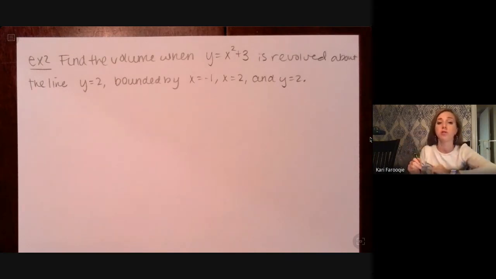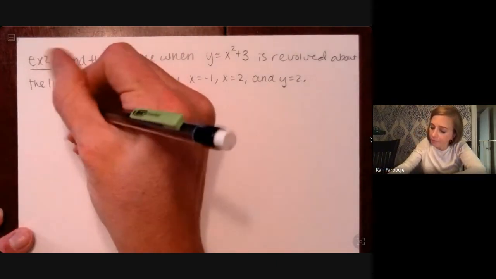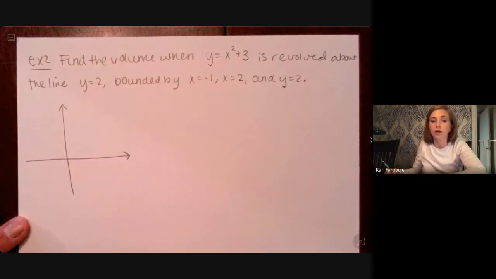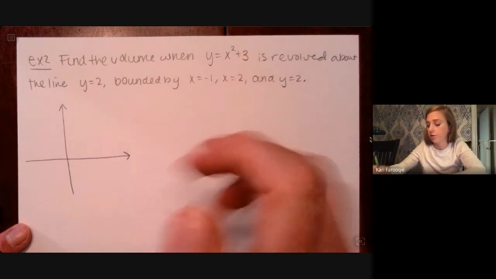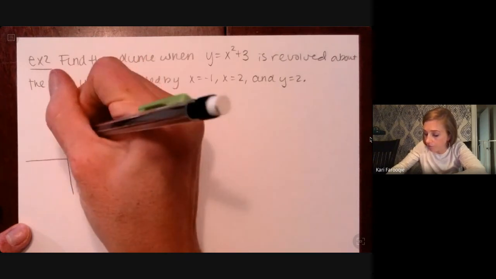The picture here is going to be crucial. I suggest graphing all of these, and I would do it by hand if I were you. I can't make you do it, but I think it's really going to help you determine your radii. So y equals x squared plus 3 is your standard parabola shifted up 3 units. So there's the vertex.